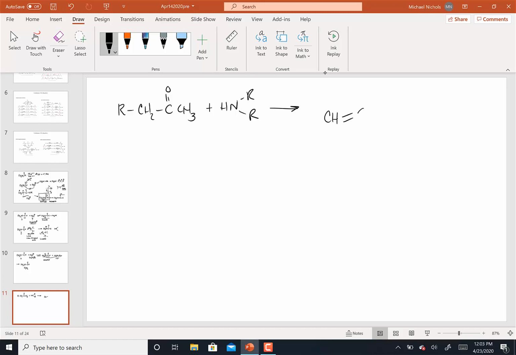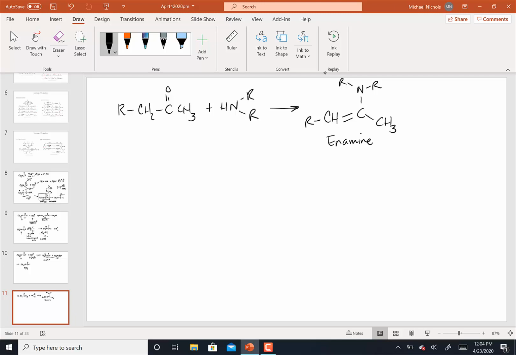I would end up with this as my product. Okay, so this is what we called an enamine.